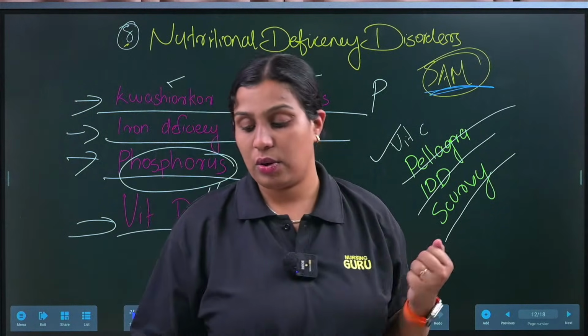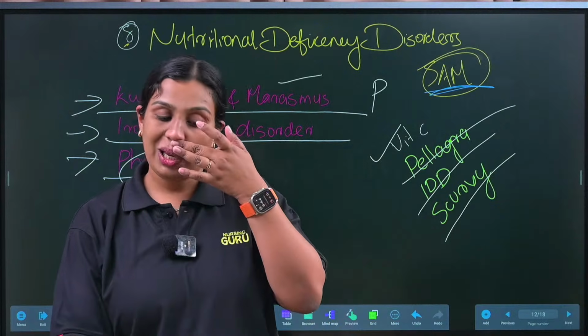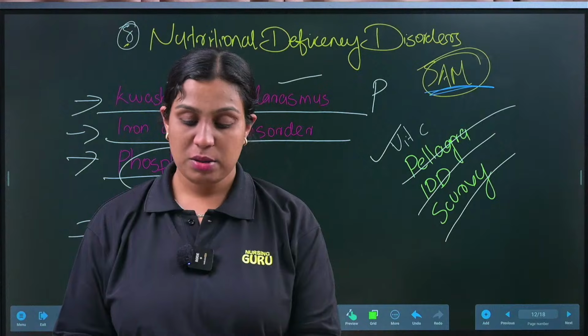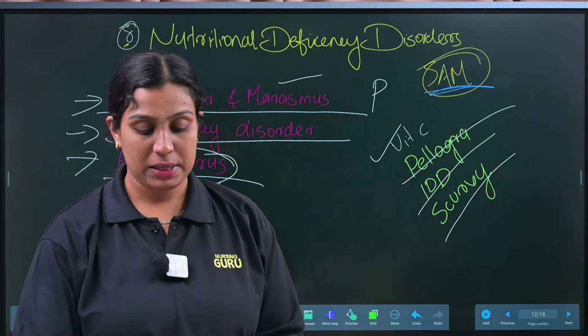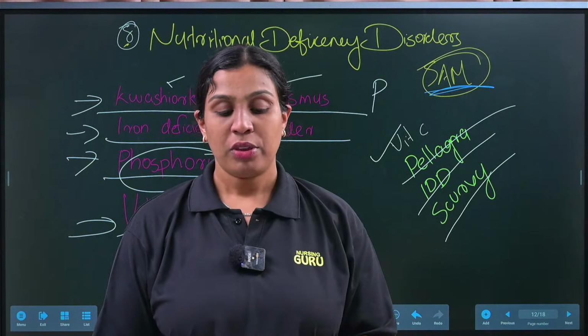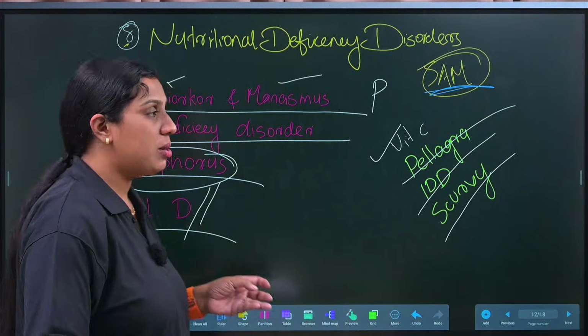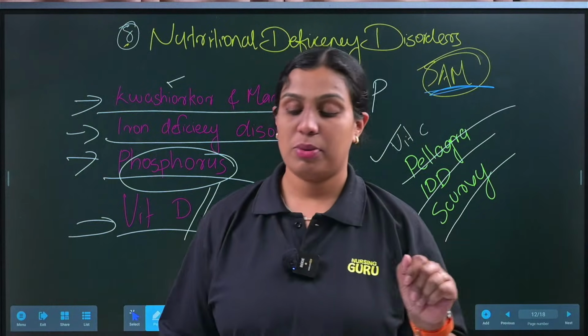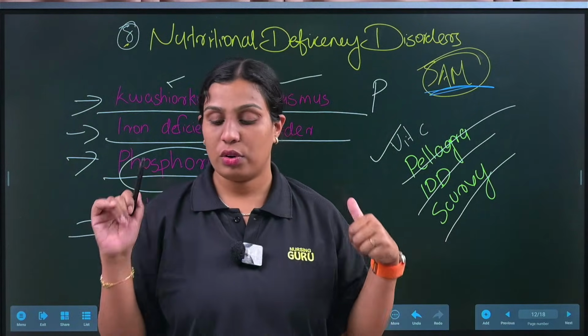These are the questions you can expect from unit number 8, nutritional deficiency disorders. If you need any explanation, you can just message us. Regarding phosphorus, usually we do not give that much importance to it, but this time, as per the syllabus and the blueprint, focus on phosphorus.